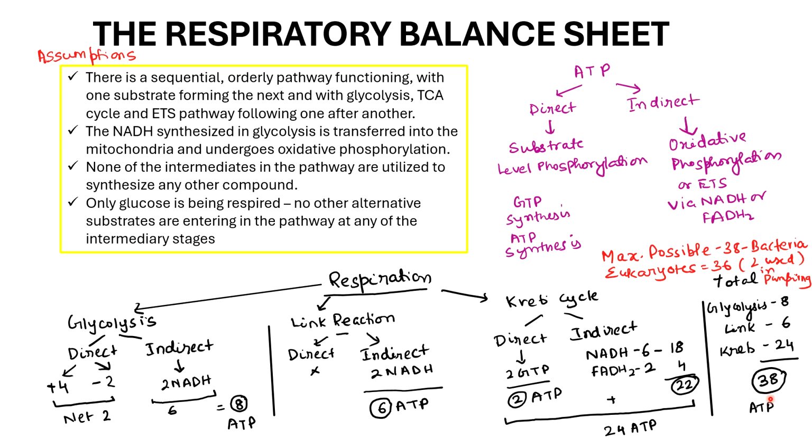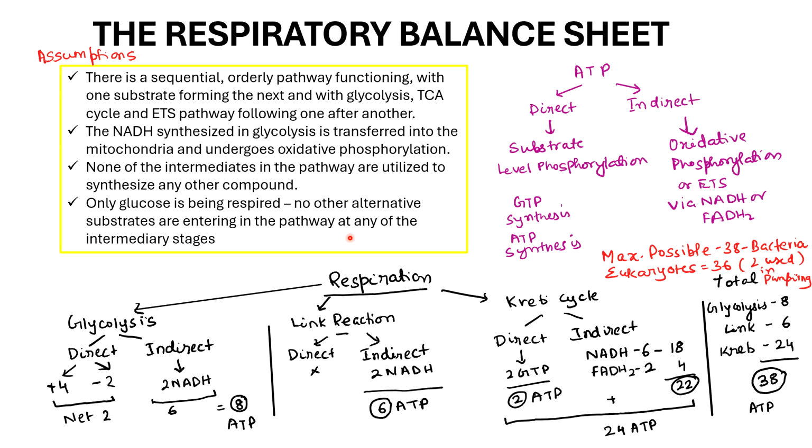Now this gain of 38 or 36 ATPs is obtained only when we have a few assumptions. That is, the respiratory process happens in a very sequential or orderly pathway, and the NADH synthesized in glycolysis is transferred into mitochondria and undergoes oxidative phosphorylation, and none of the intermediates of the pathway are utilized to synthesize any other compound.